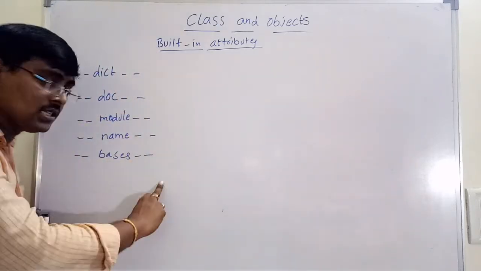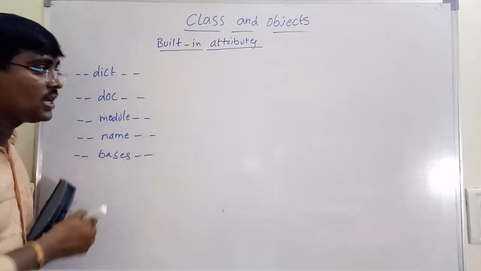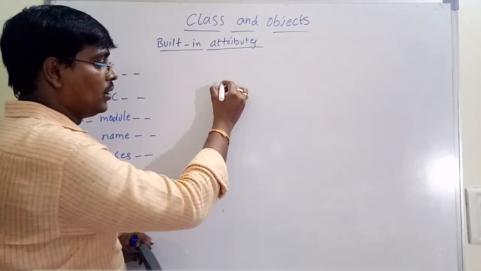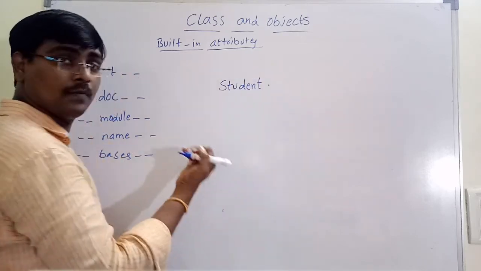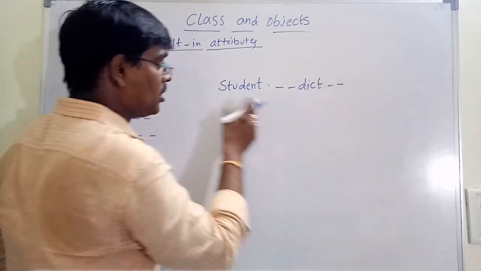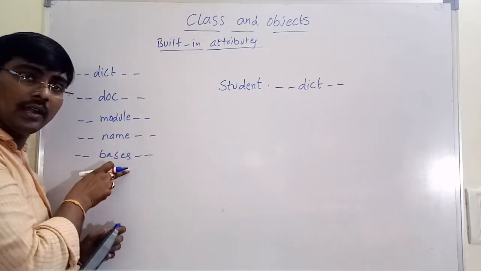How do we access these attributes? They are accessed by using the class name. If the class name is Student, I access them like this: Student dot dict, Student dot doc, Student dot module, Student dot name, Student dot bases.